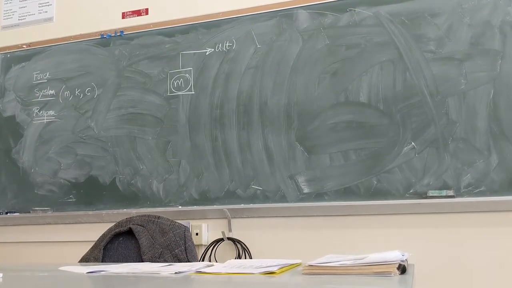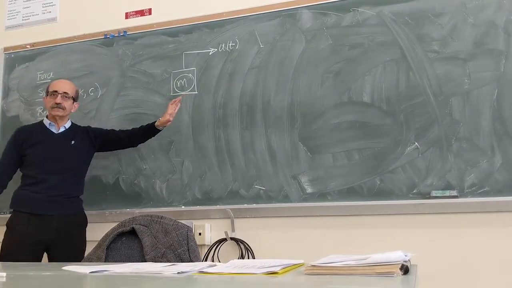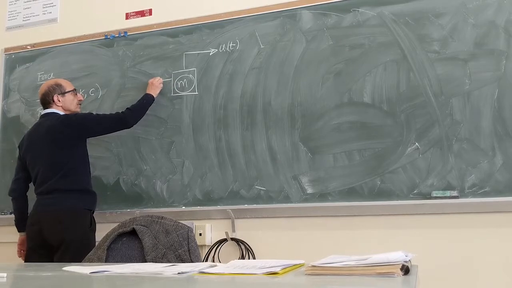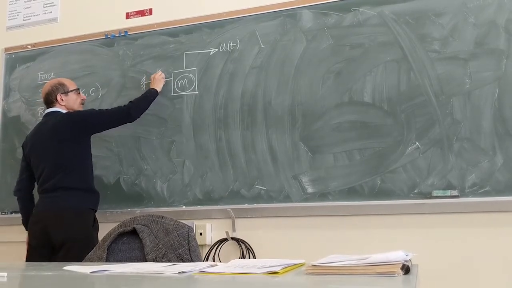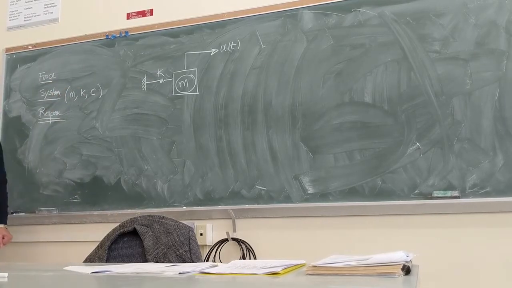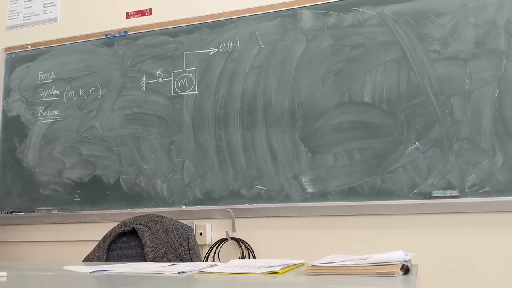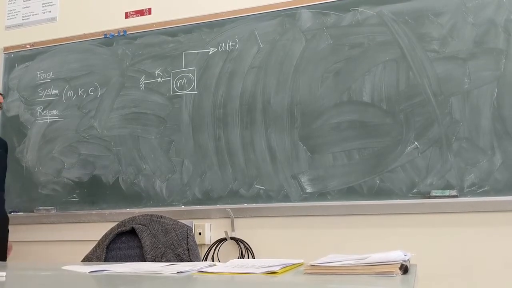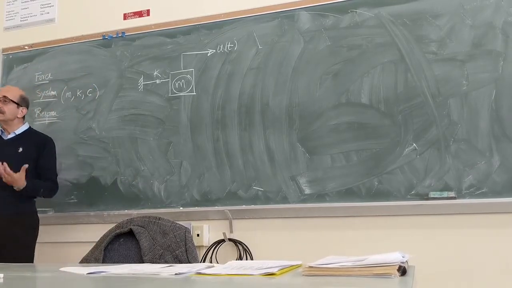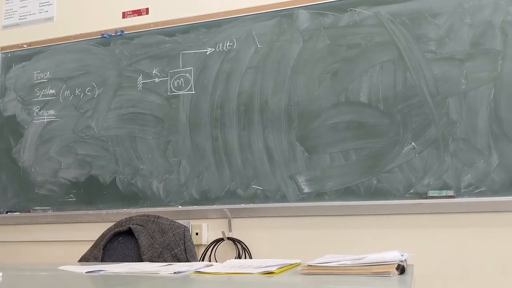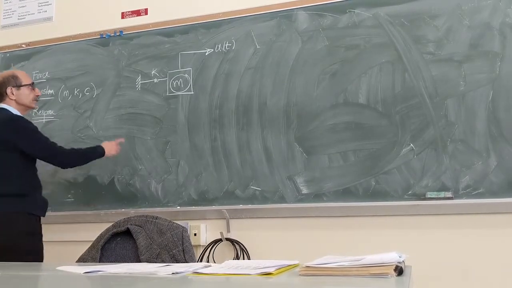Then I said, as this system moves, what is resisting it? What is stopping that motion is the deformation or the elasticity of this, which is a force that can be described if we assume that the system is linear, that deformation is a linear function of that displacement, okay?